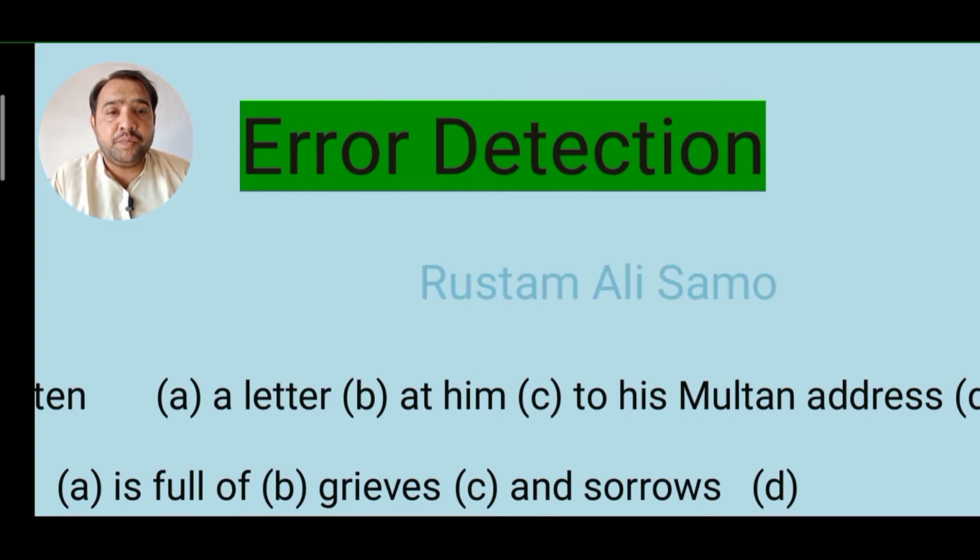Sometimes we are given different examples to find out which one is an error that occurred in a sentence. Sometimes the error may be of parts of speech, subject verb agreement, articles and so on, related topics of English grammar. So let's start this video.